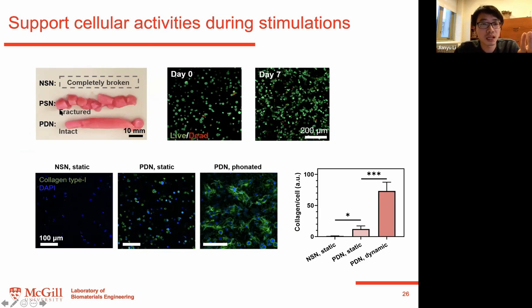And also the single network system has a lower toughness and fractures into different pieces after this mechanical stimulation. And we further show that this mechanical stimulation is beneficial to promoting the activity of the cells, and the cells tend to deposit more collagen, as you can appreciate from this confocal imaging.